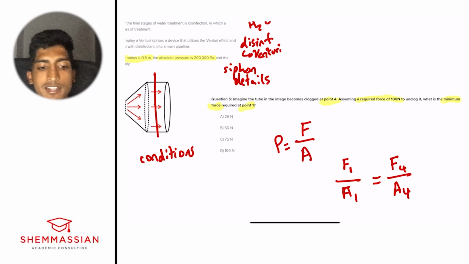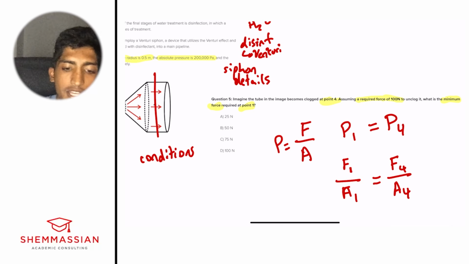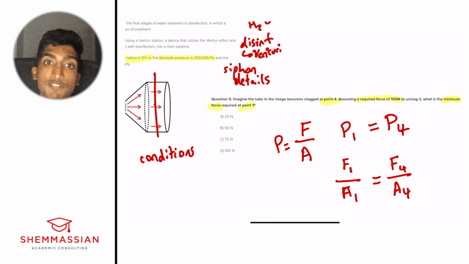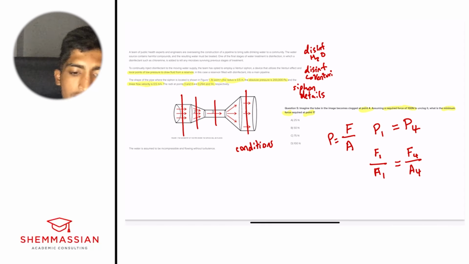So that's why I'm saying this sort of pressure at point 1 will be equal to pressure at point 4. And note, this is not the same as fluid pressure. This is applied pressure. This is the pressure we're applying. Fluid pressure, like we said in question 2, changes based on where you are in the constriction zone, what the radius is.